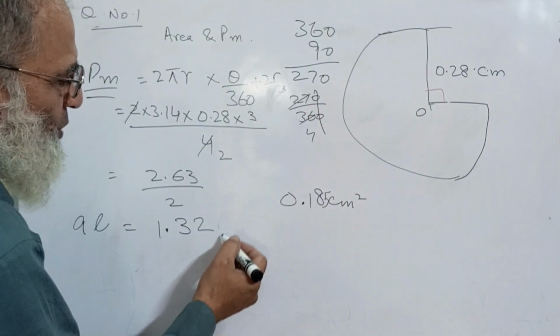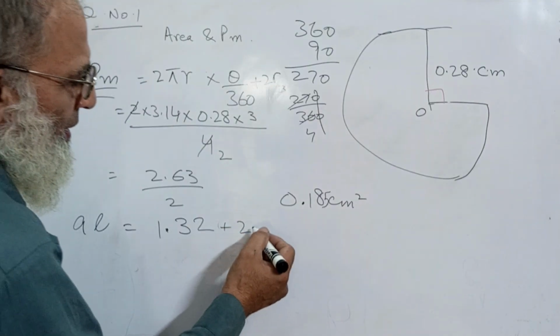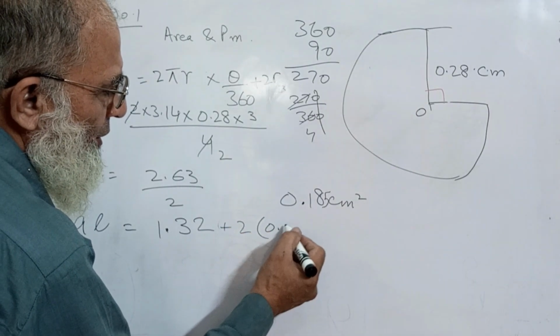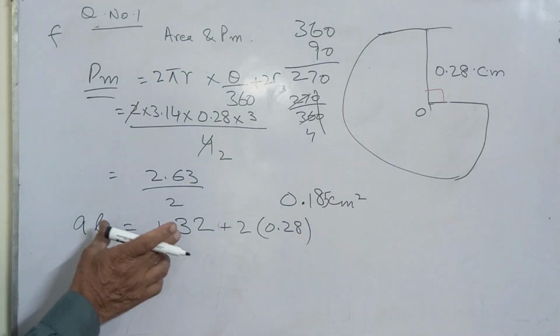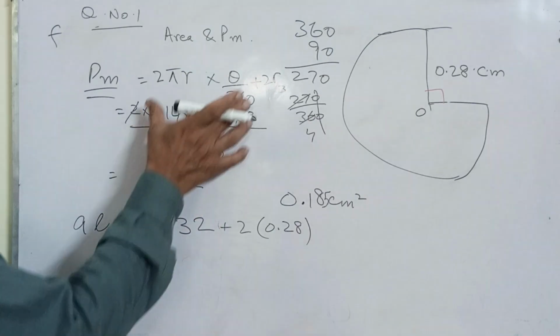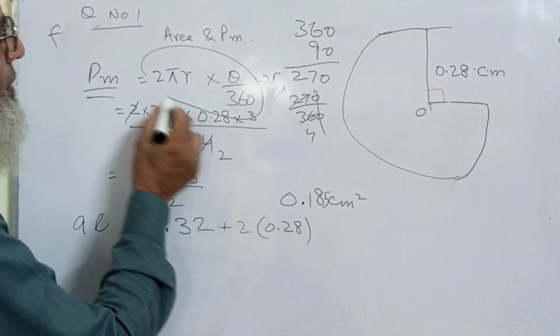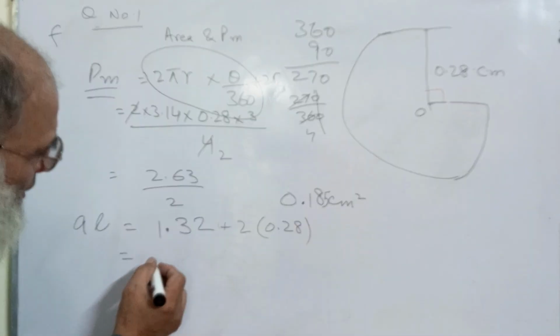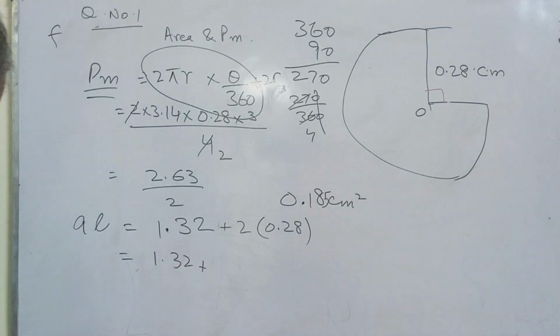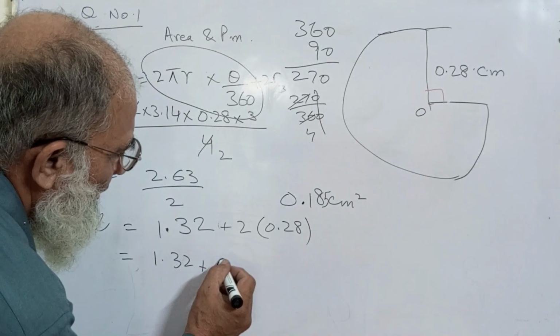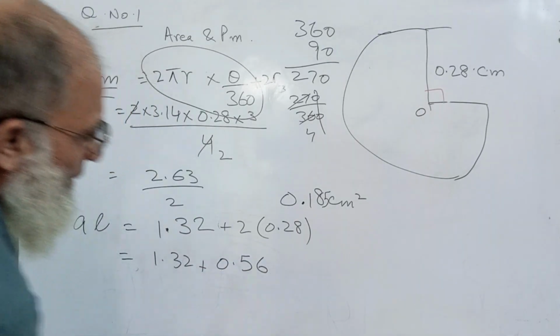So it is plus 2 multiplied by 0.28, which will become 0.56.